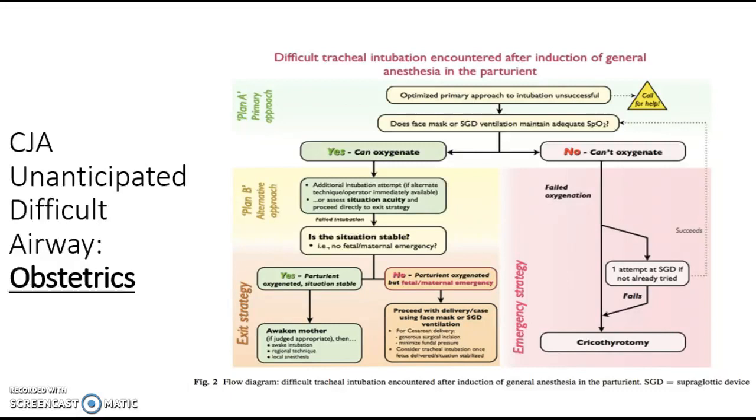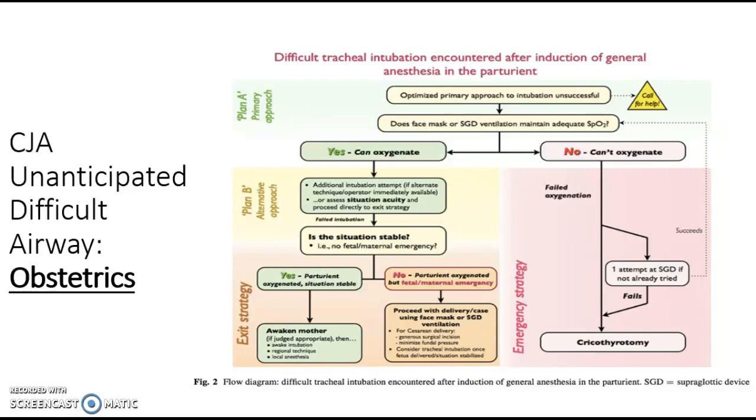This is the Unanticipated Difficult Airway algorithm for obstetrical patients. Once the need for general anesthesia becomes apparent, the attending anesthesiologist should perform a formal airway assessment of the obstetrical patient, including localization of the cricothyroid membrane.